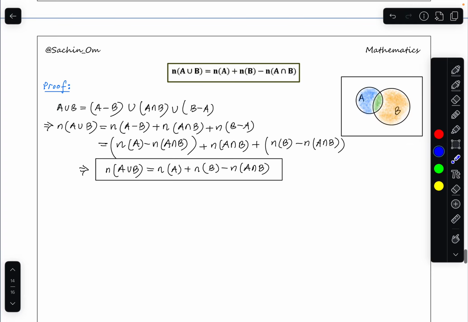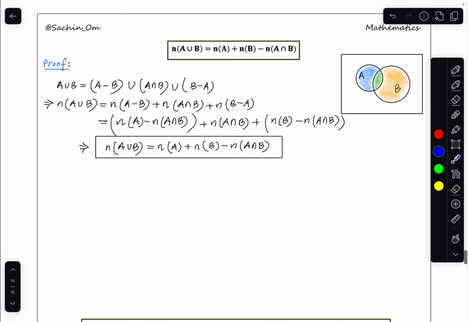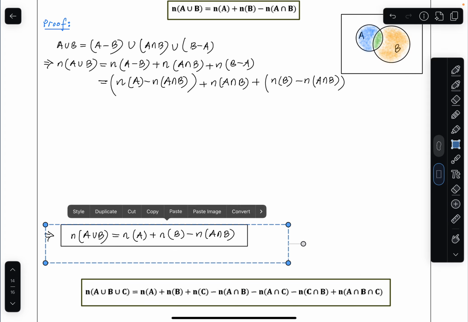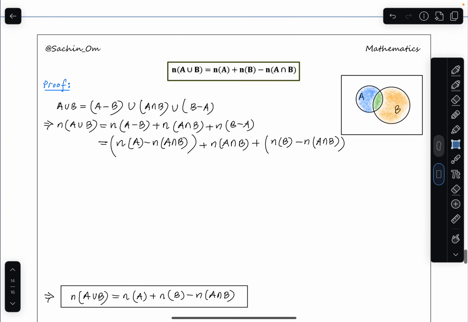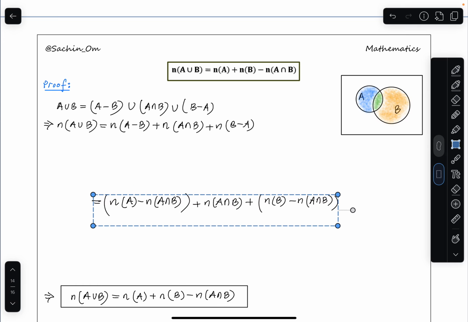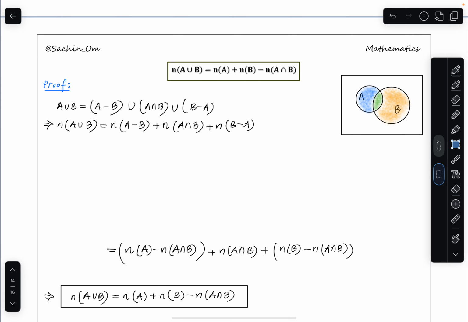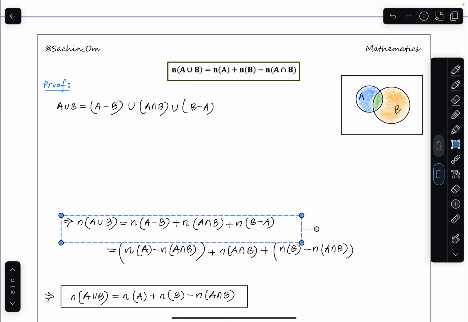Number of elements in A union B is equal to number of elements in A plus number of elements in B minus the number of elements in A intersection B. So this result is done.